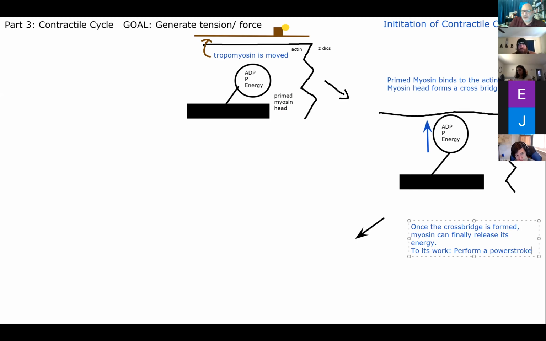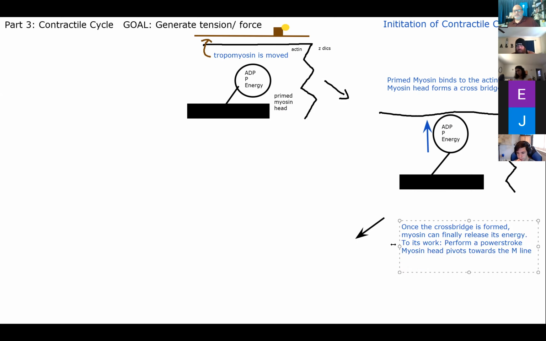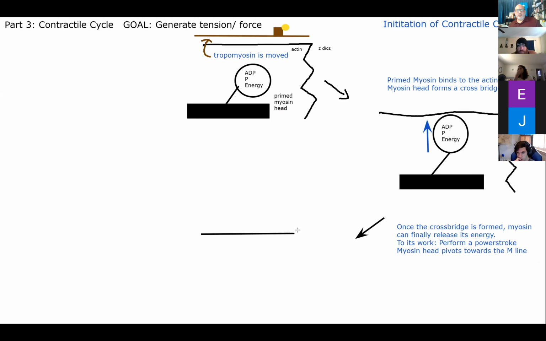So what the heck is a power stroke? Well, basically what it does is our myosin head pivots towards the M line. So again, let's work on our drawing. I don't like my wiggly actin.